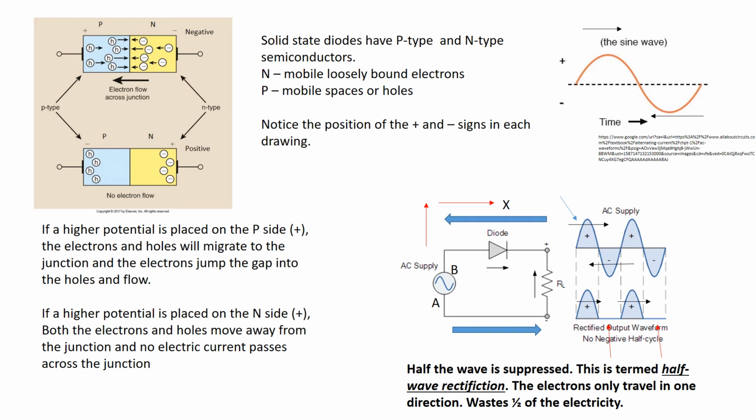So if you've got a higher potential on the P side, look at the P, there's the plus. Well, if you got a plus on that side, the other side of the semiconductor has to be negative.